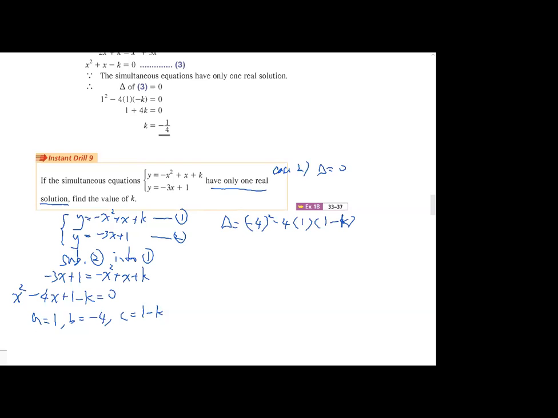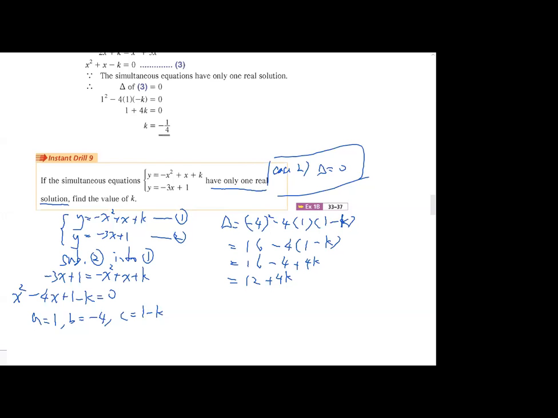Then it's 16 minus 4 bracket 1 minus k. 16 minus 4 plus 4k. That is 12 plus 4k. Is that all right? Now we may use our preparation here.